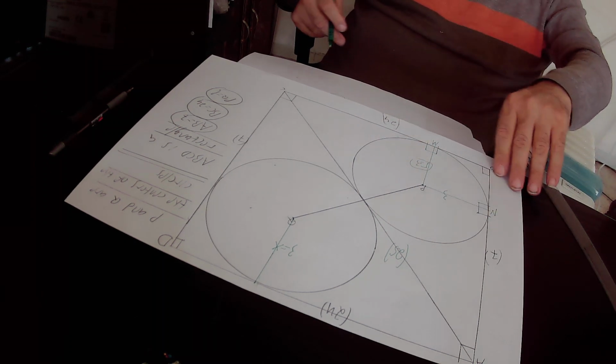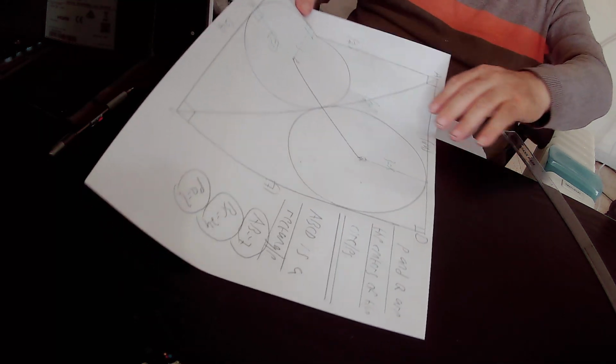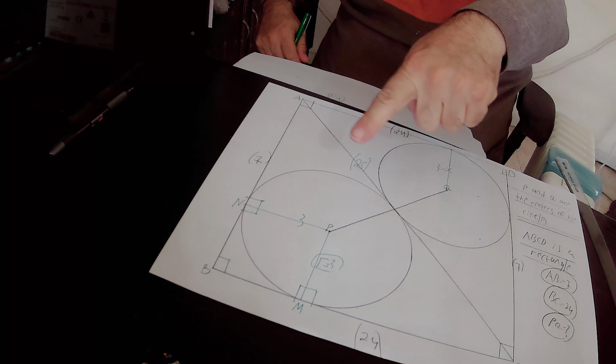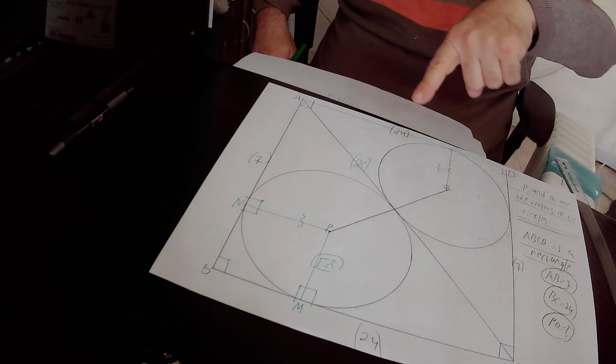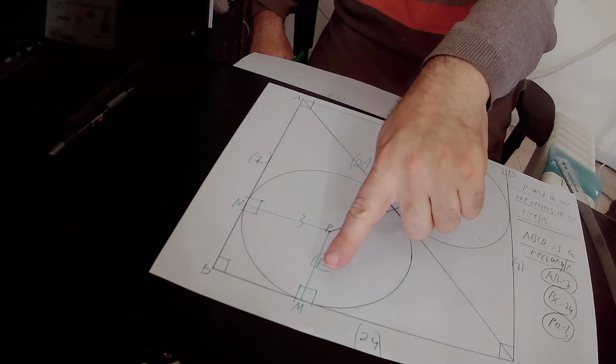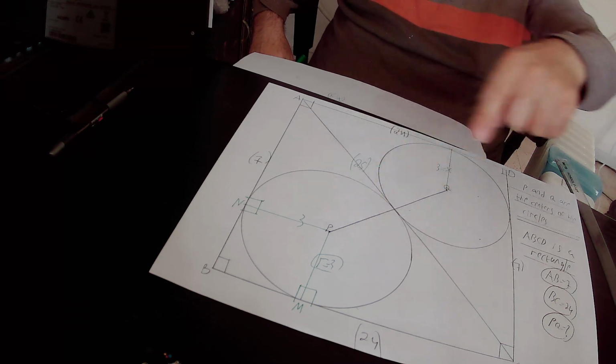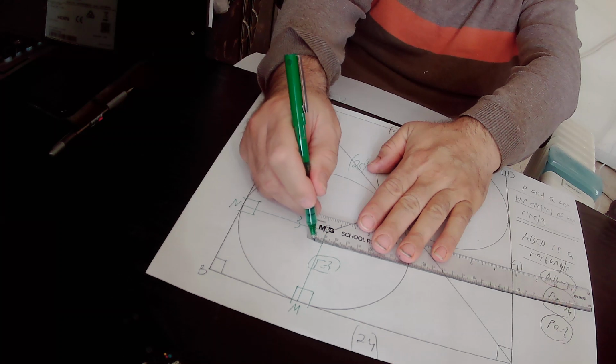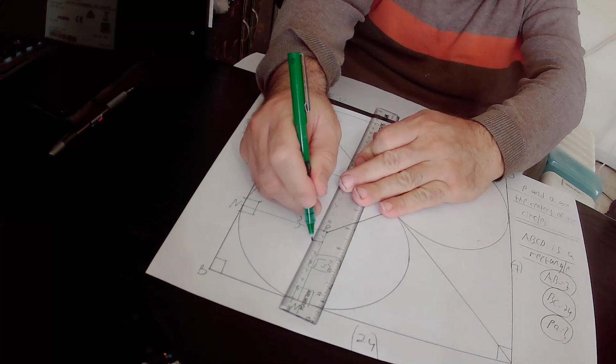So inside the quadrilateral NPBM, we have 1, 2, 3 right angles, therefore the fourth angle must also equal 90 degrees, according to the rule that the sum of the angles in any quadrilateral is equal to 360 degrees.